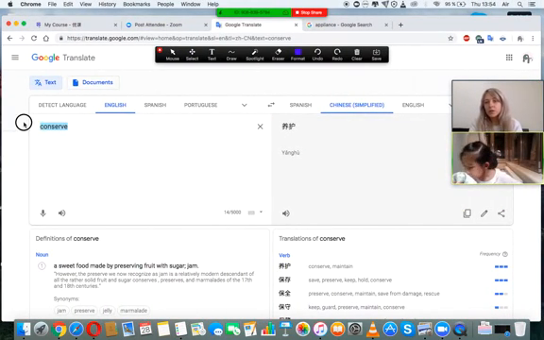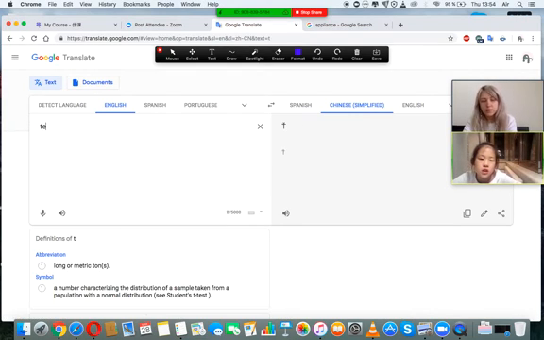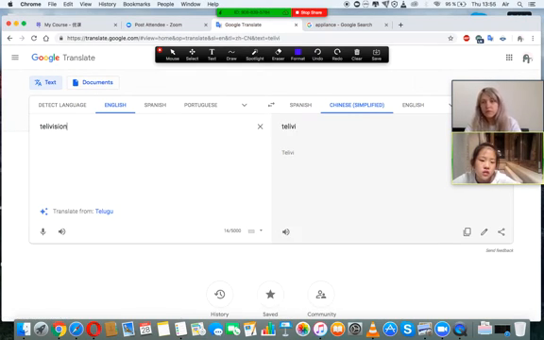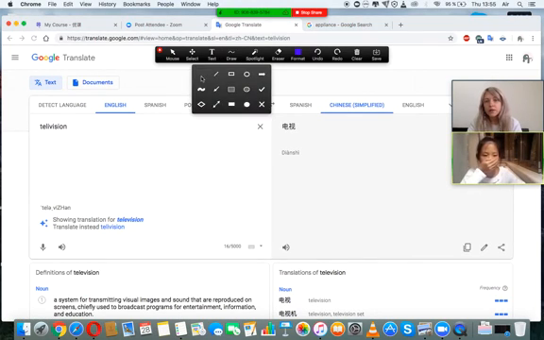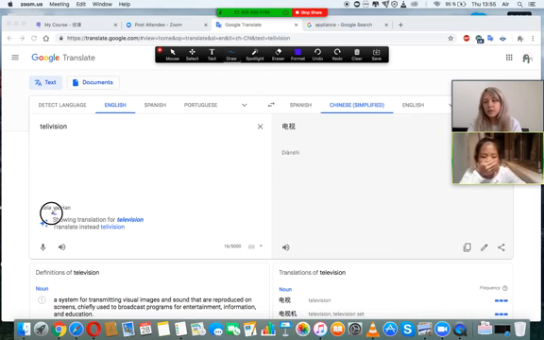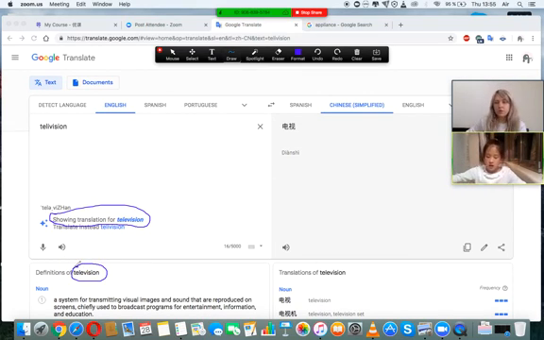In the dictionary, we can write down in the same way, television. And here it tells us that it's showing translation for the word television and definitions of the word television. So do you see the difference?